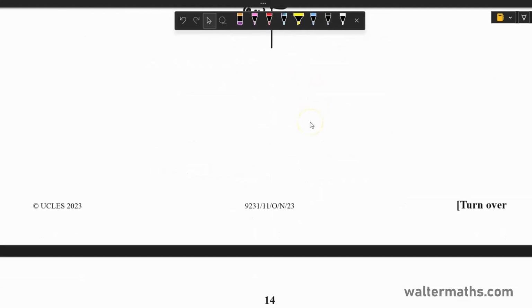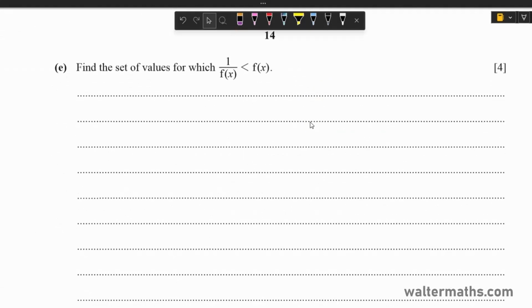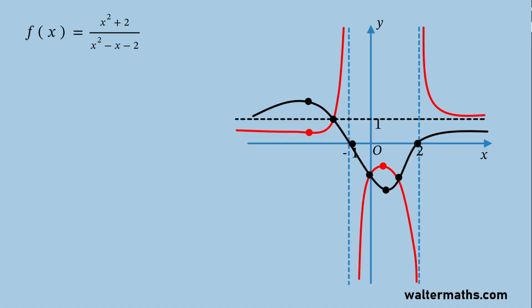Let's move on. On part E, they say find the set of values for which the reciprocal graph is less than the graph of the function f of x. Right, so if we go back to the graphs, here I have the 2 graphs superimposed. The red one is the graph of y equals f of x, and the one in black is the reciprocal graph.